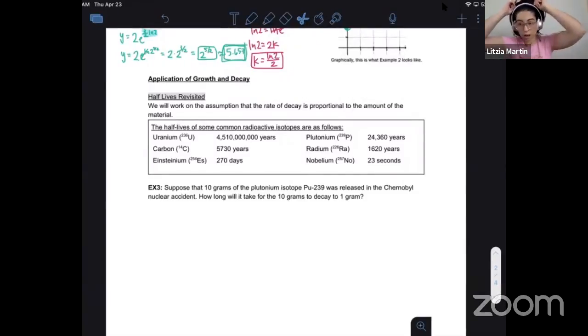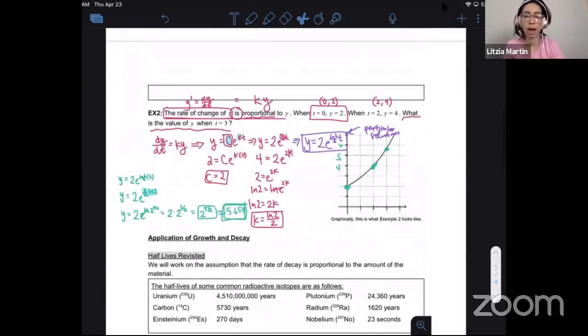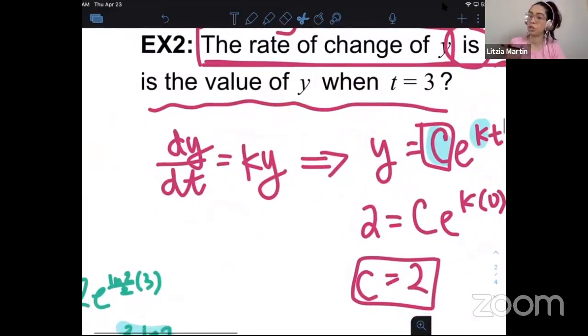All right, so we are talking about applications of growth and decay today. We saw in the last class session how we can take a rate of change that is directly proportional to its original equation. So like in this case, dy over dt is the rate of change of y over time.